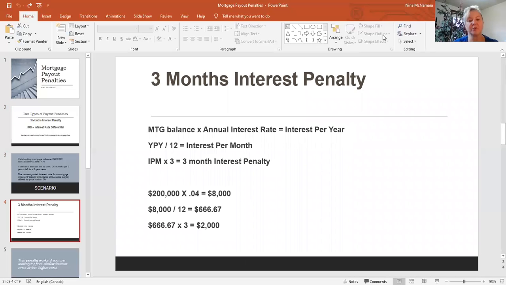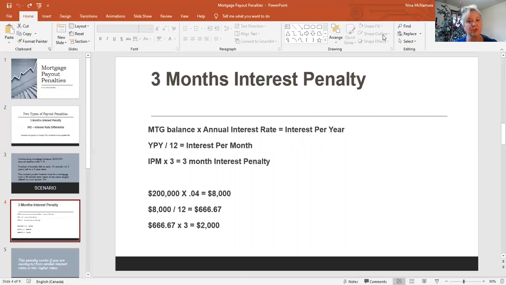So the 3-month interest payout penalty is going to go like this. We have our mortgage amount of $200,000 times our annual interest rate, which is 4%. So we multiply 200,000 times 0.04, which gives us $8,000. That's the interest we pay per year. Now we're going to take our interest per year and divide that by 12.